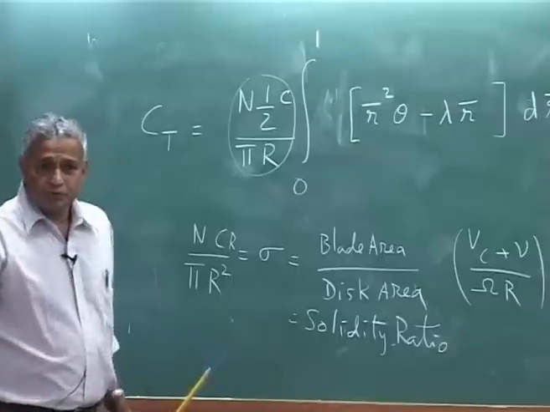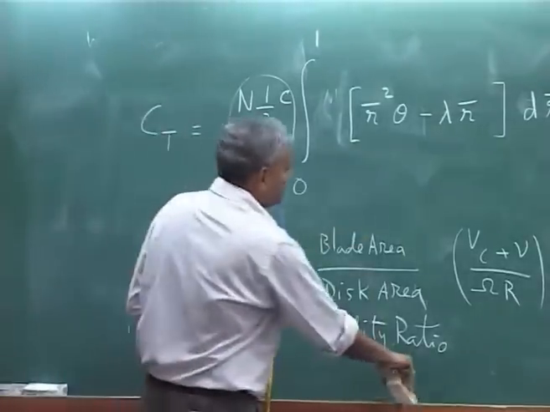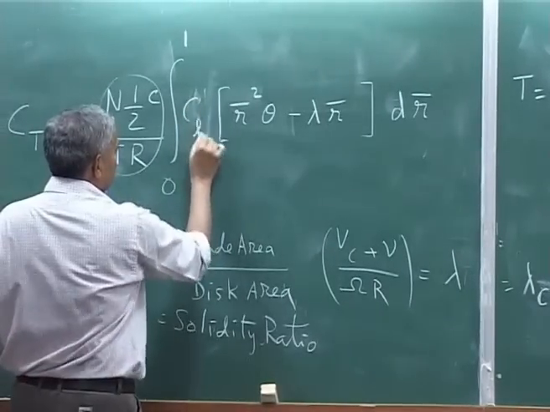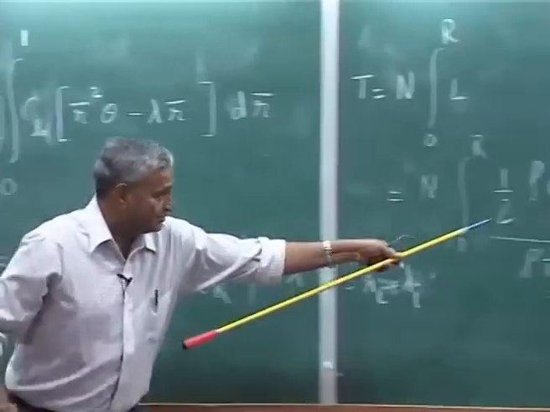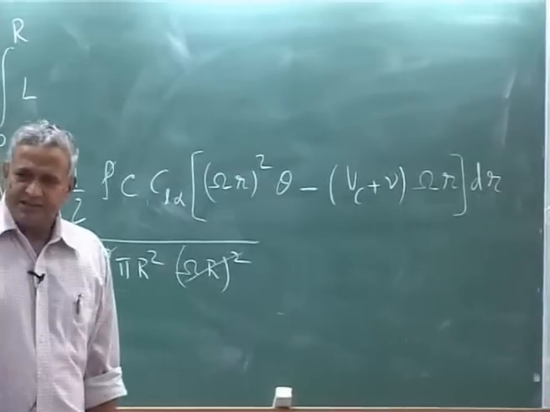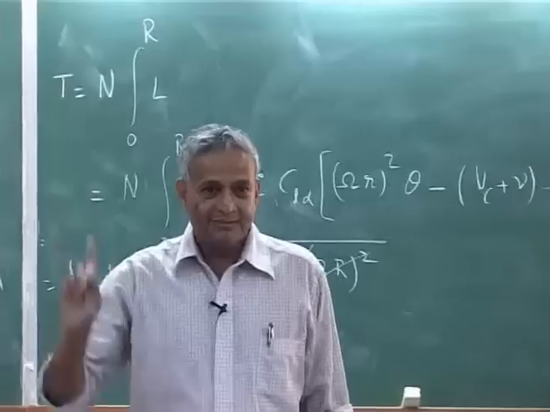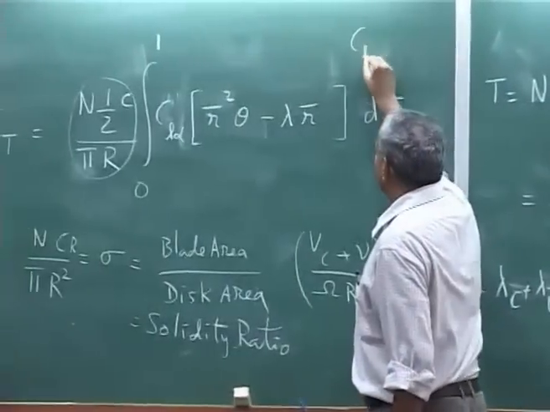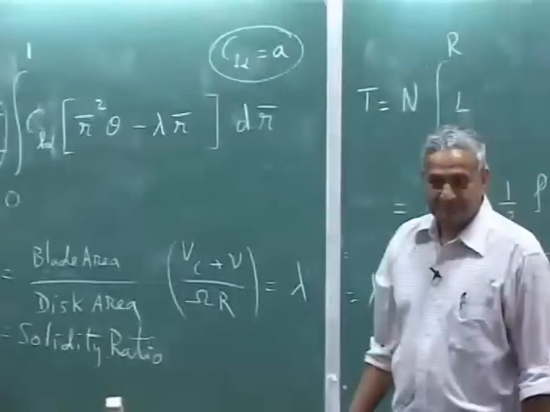Now, I can write this entire quantity as sigma over 2. And then there is a CL alpha I have to add. Sorry, I forgot to put that CL alpha. CL alpha you may call CL alpha or sometimes we call it A; both mean the same.